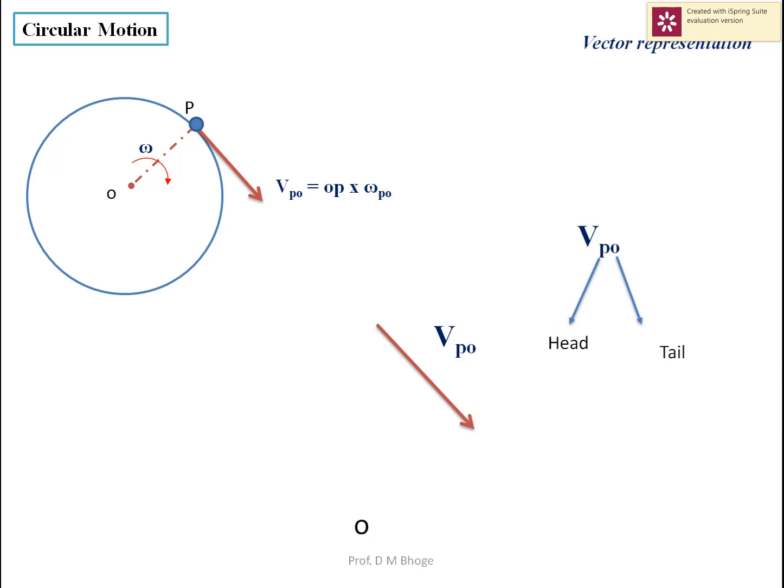So VPO is represented by vector OP. So vector OP represents the velocity of P relative to O. This is very important. You should never make a mistake while reading and placing the vectors. VPO, velocity of P relative to O, is represented by vector OP. O should be the tail and P the head of the vector.